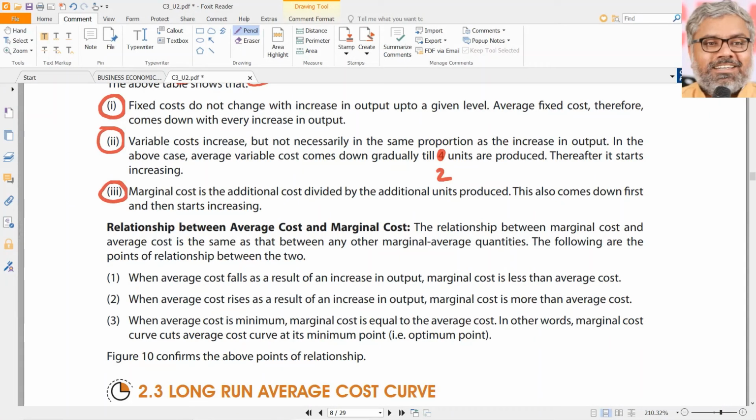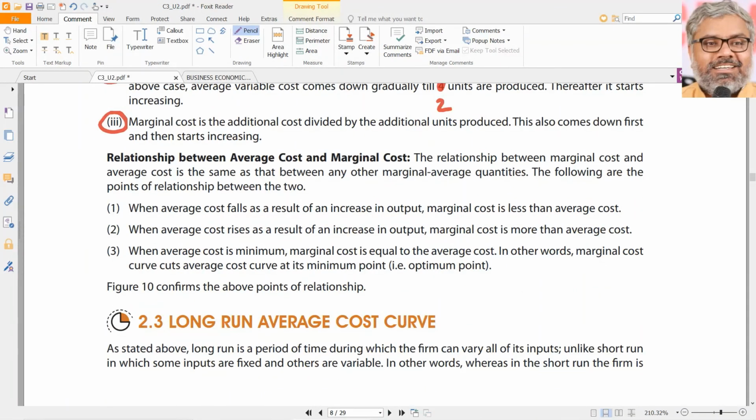But once again, if you look at the relationship between the average cost and marginal cost, a similar relationship will be there like any other marginal or average quantities. What are the relationships between these two? Let us understand, between average cost and marginal cost. When the average cost falls as a result of increase in output, naturally we are looking at only one increase in output always, but the average cost is falling.